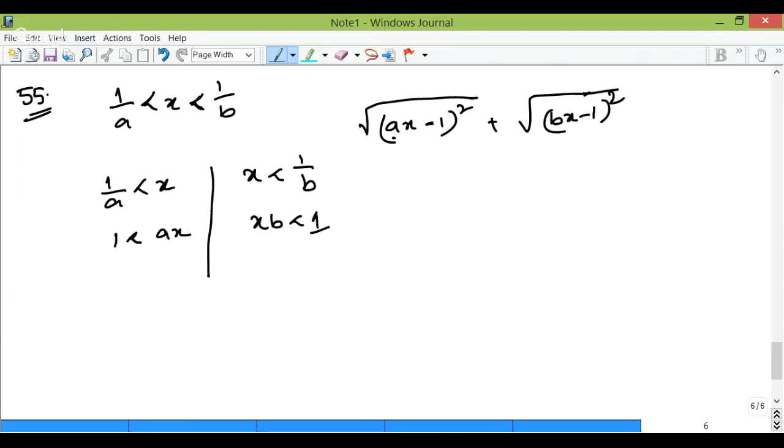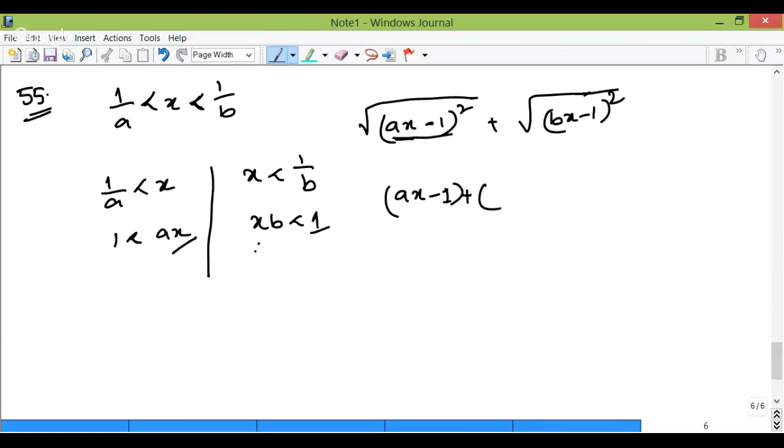Now see here, it is ax minus 1 whole square. From the first condition, we know that ax is already greater than 1. So we can directly write it as ax minus 1 from the square root.